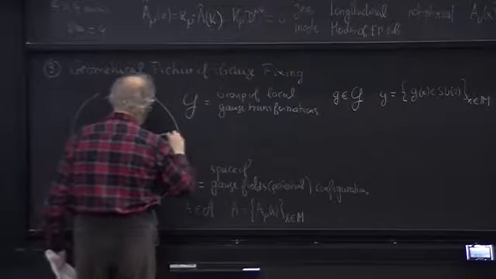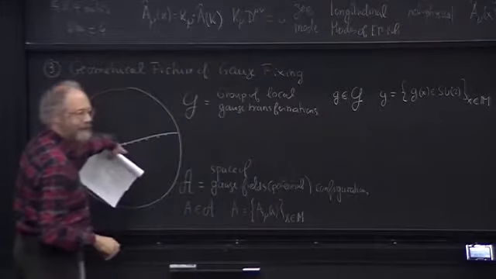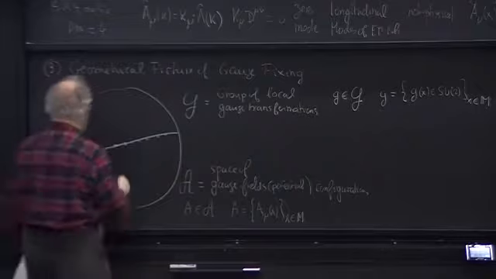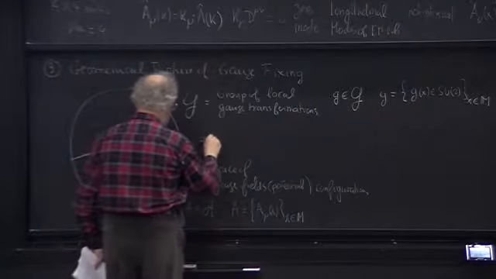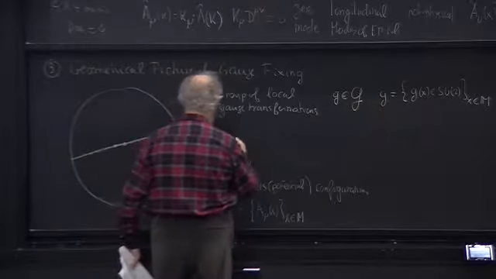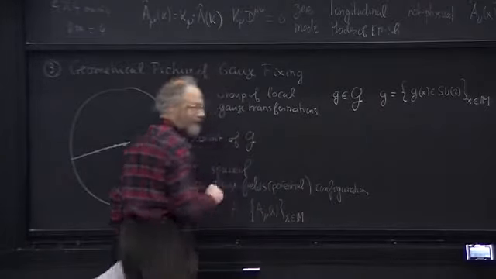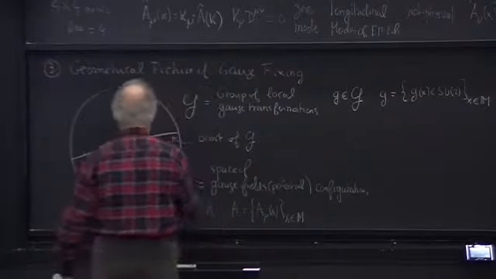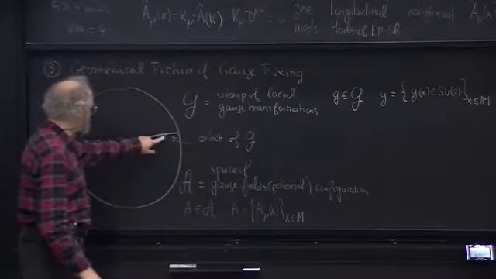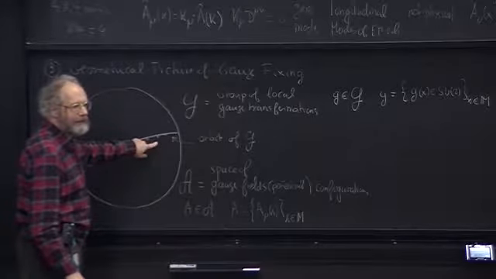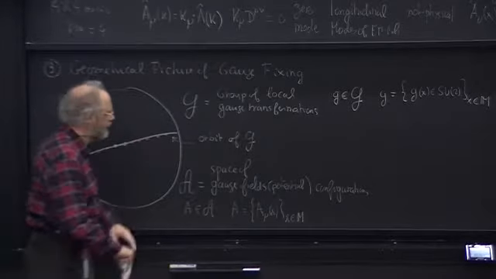So you have here an orbit of the group, an orbit of G. This is the space of all gauge field configurations, gauge potentials, that are equivalent by gauge transformation. Okay.